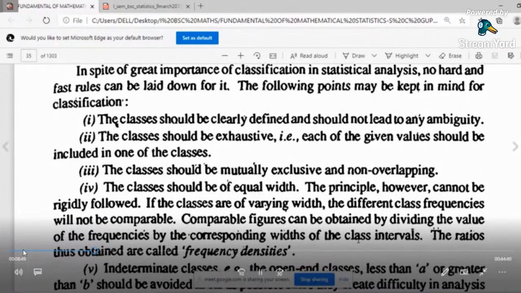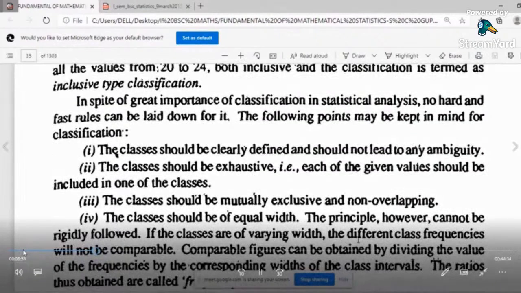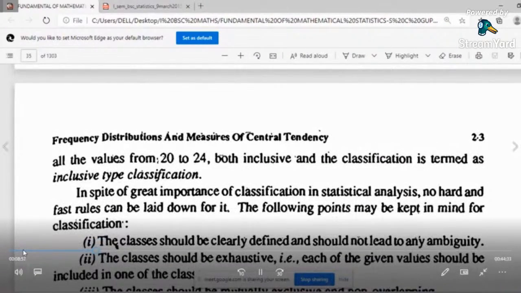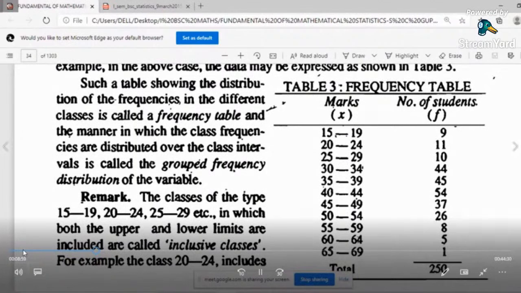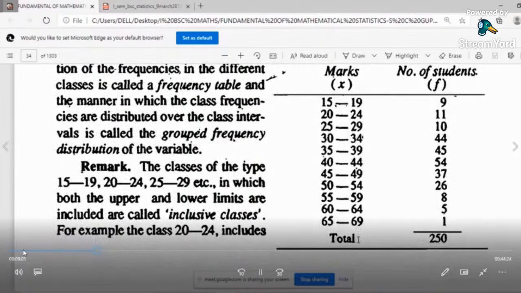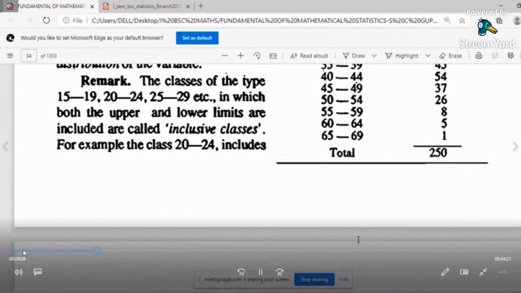The fourth point is that classes should be of equal width. So we keep equal width for all classes: 15 to 19, 20 to 24, 25 to 29, etc. We try to ensure equal width for all classes.